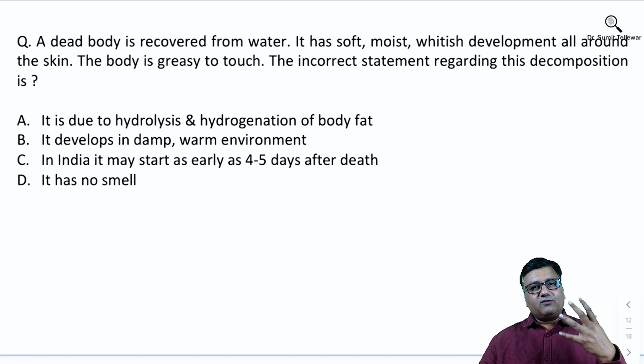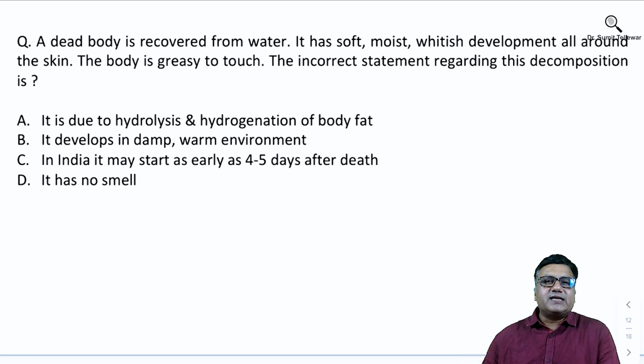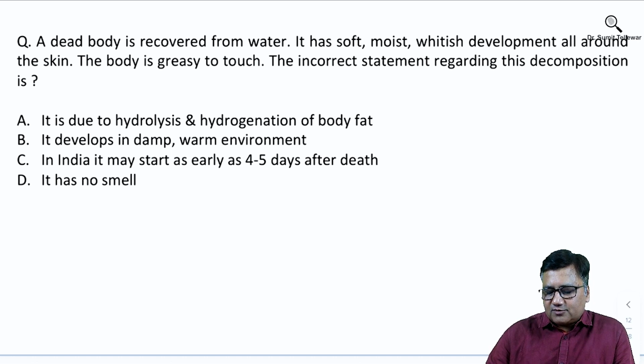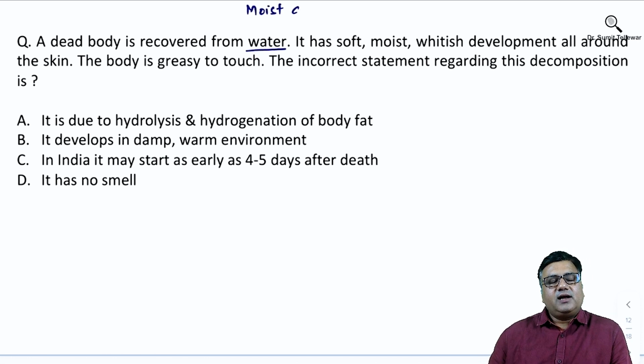So first of all, after reading the question, we need to identify what is the kind of decomposition that is happening here. See, the body is recovered from water. So the body has been in a moist area. And what kind of decomposition happens in moist areas?